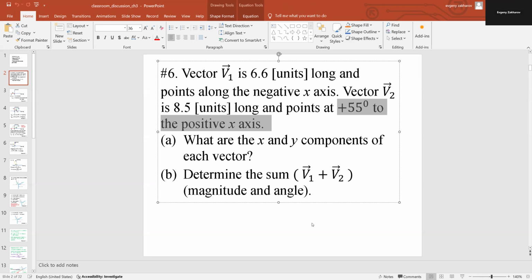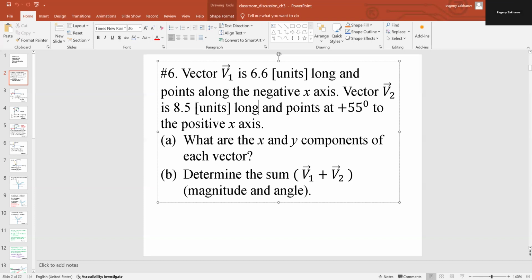I want to point out that the worst mistake that you can make is to add just 6.6 plus 8.5 and say the answer is 15.1, or to just subtract them as is. That's a horrible mistake. Do not ever add or subtract vectors like you do scalars.